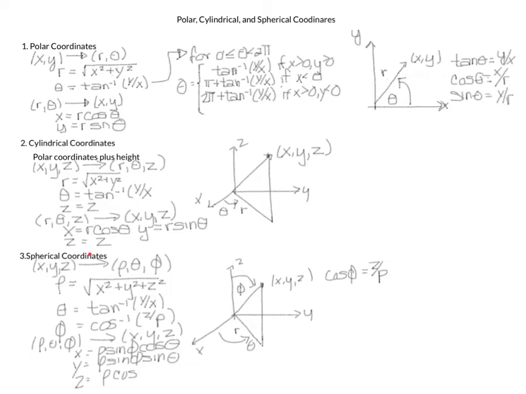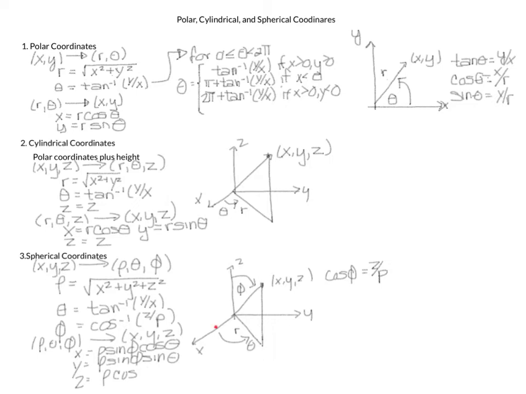Last, we have spherical coordinates, and like cylindrical coordinates, it's for 3 dimensions. If you have a point x, y, z, what we want to convert is the distance from the origin, which now because we're in 3 dimensions, we call rho. Sometimes I still refer to it as a radius.